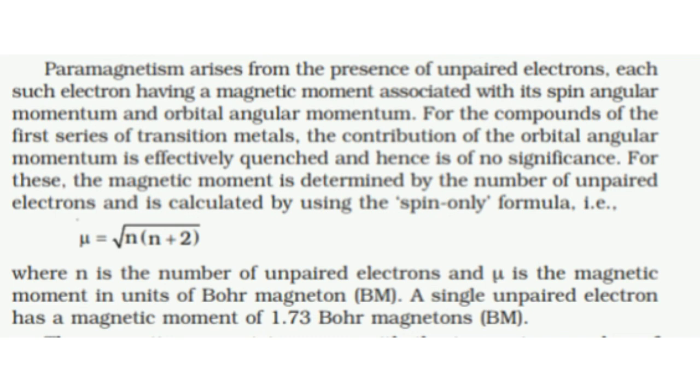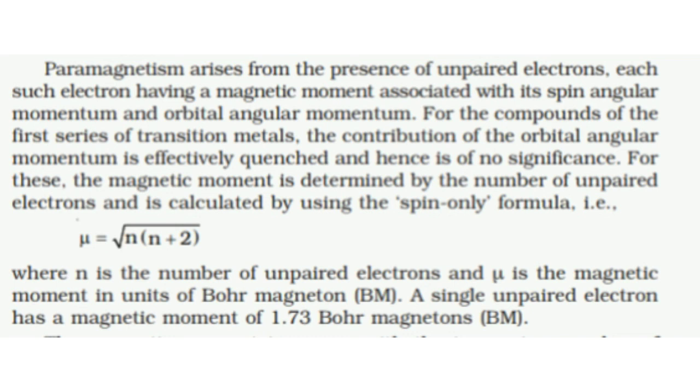For the compounds of the first series of transition metals, the contribution of the orbital angular momentum is effectively quenched and hence is of no significance. For these, the magnetic moment is determined by the number of unpaired electrons and is calculated using the spin-only formula, mu equals root n(n+2), where n is the number of unpaired electrons and mu is the magnetic moment in units of Bohr magneton.